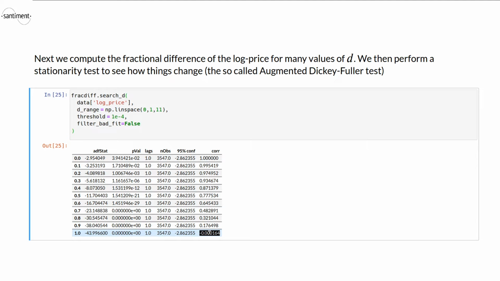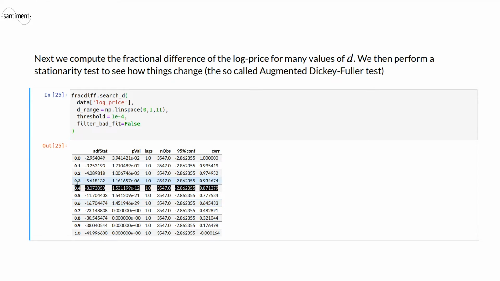What this means is that the logarithmic price and the logarithmic returns are not correlated at all. So basically, all of the information, all of the memory that was contained in the logarithmic price is erased when you compute the returns.